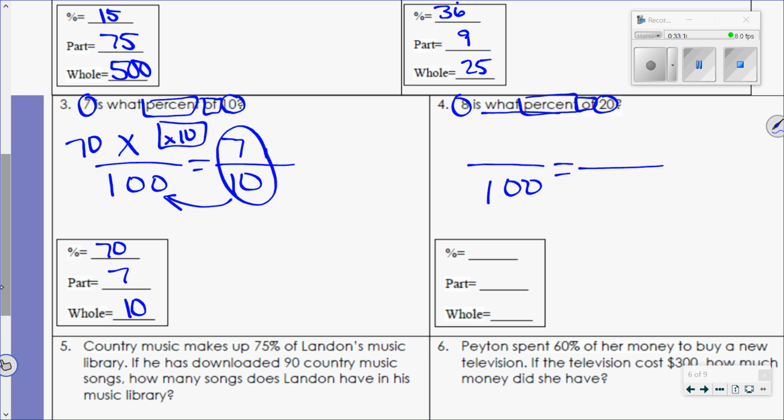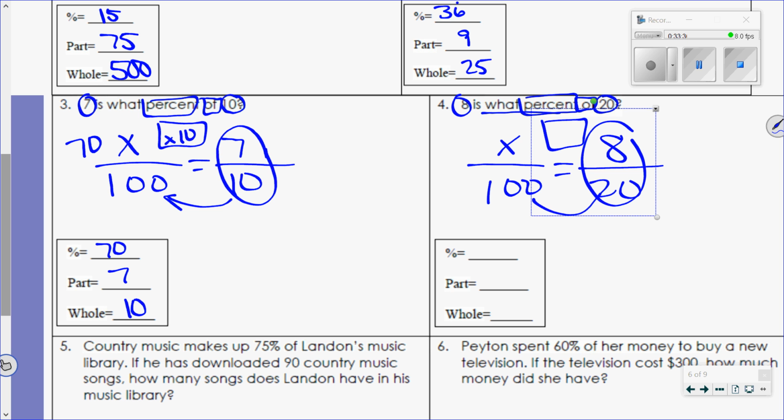So what is it? My variable. What's my of, Andrew? 20. What's my is, Monty? That's what's left, right? Okay, so again, we're starting here.